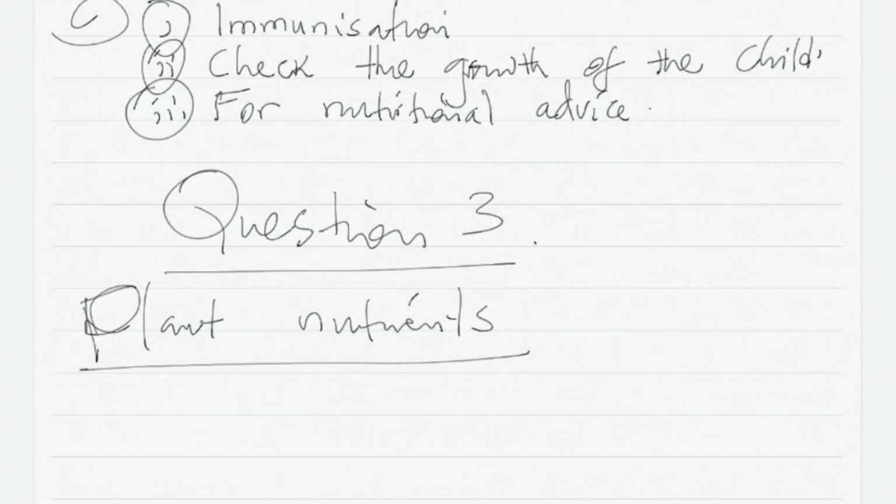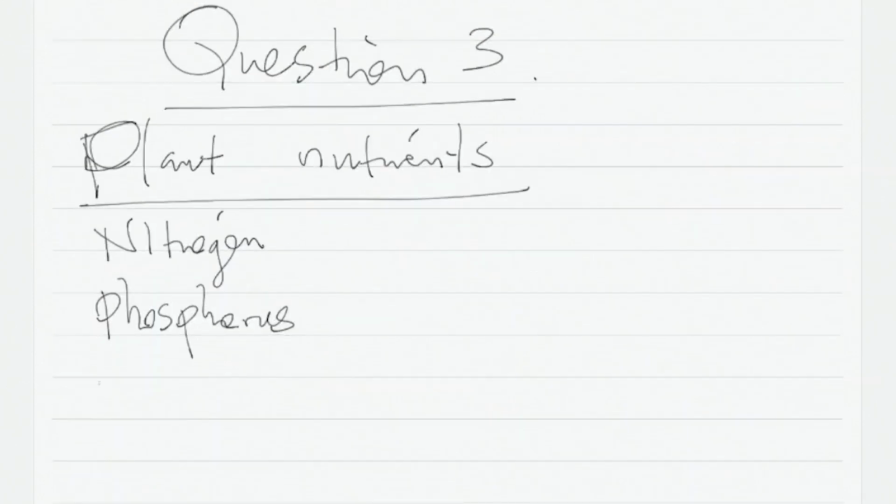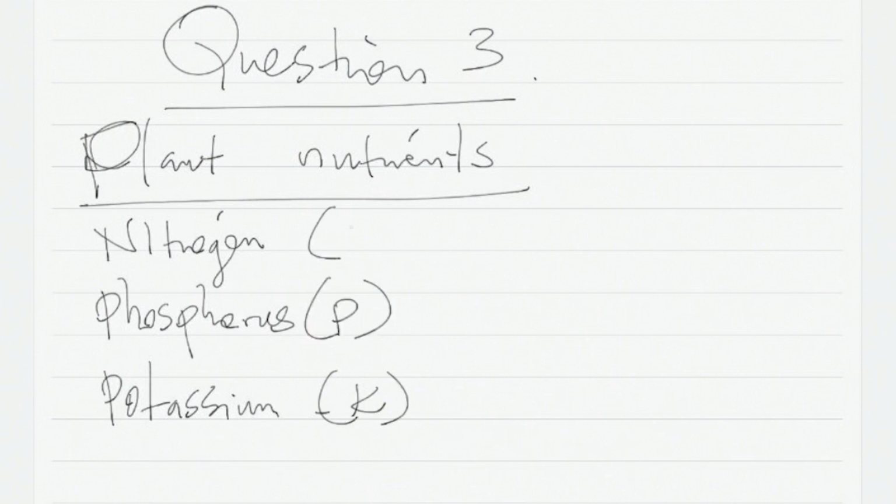We have 3 essential plant nutrients, namely nitrogen, phosphorus, and potassium. Potassium is given by the letter K, phosphorus by the letter P, and nitrogen by the letter N.